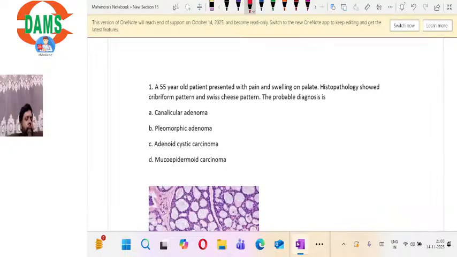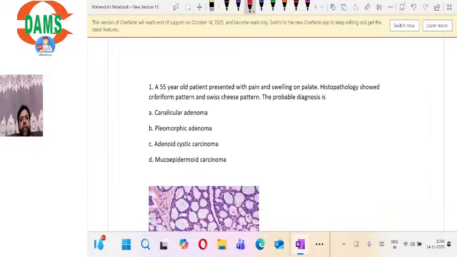Today I am here to discuss the recent November paper oral pathology MCQs. I'll try to solve them. We have already seen the subject thoroughly, and if I'm not wrong, almost 95% of the questions we have discussed already.